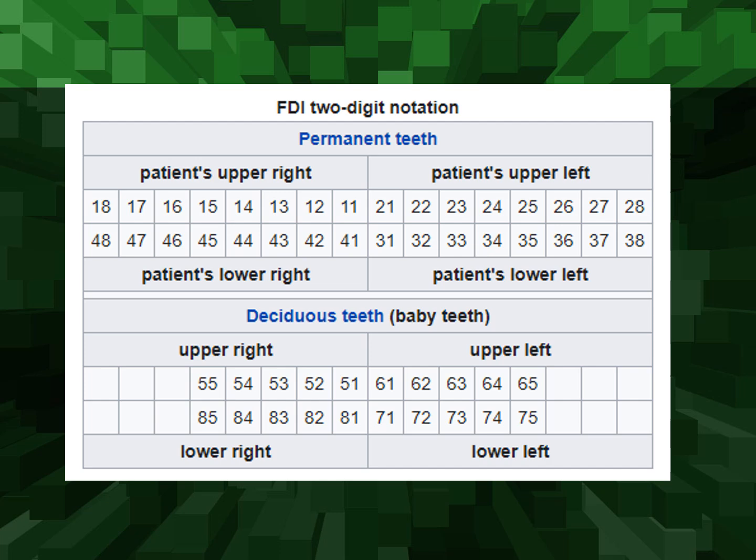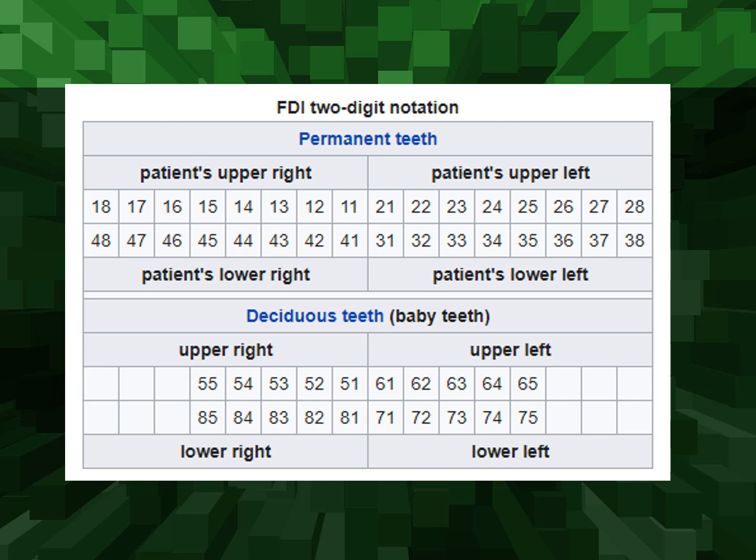But what about numbering with the FDI two-digit notation system for deciduous teeth or baby teeth? Quadrant numbers come next after the permanent teeth. Once again, in permanent teeth, quadrant numbers are 1, 2, 3, 4, but for temporary teeth they are 5, 6, 7, 8.